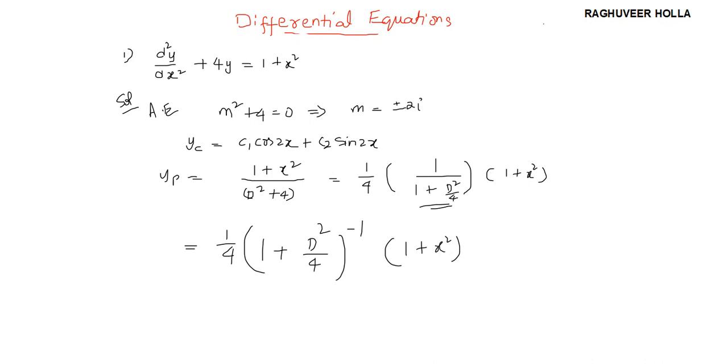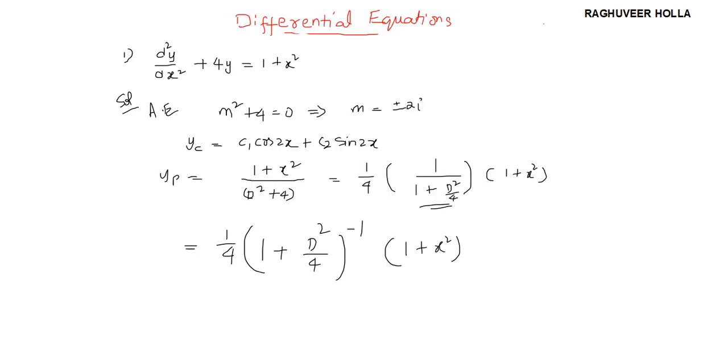Okay, let us continue solving this problem. If I expand this power minus 1, I get 1 by 4 into 1 minus d square by 4 plus d power 4 divided by 16, and so on.